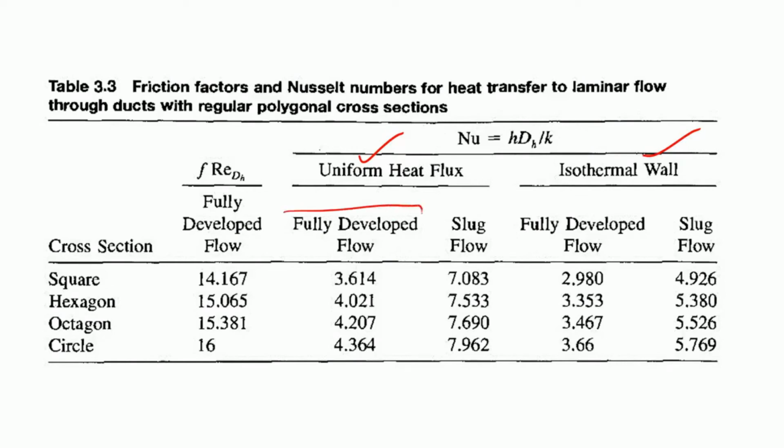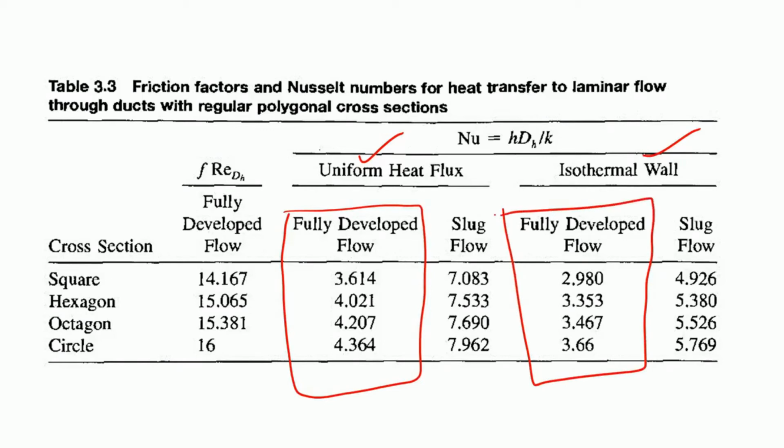For the fully developed flow, as you can see, for uniform heat flux and for isothermal wall, these are the corresponding values of the Nusselt number, moving from square to circle. As we increase the number of sides, we move closer to a circle. A circle is almost like an infinite polygon, right.